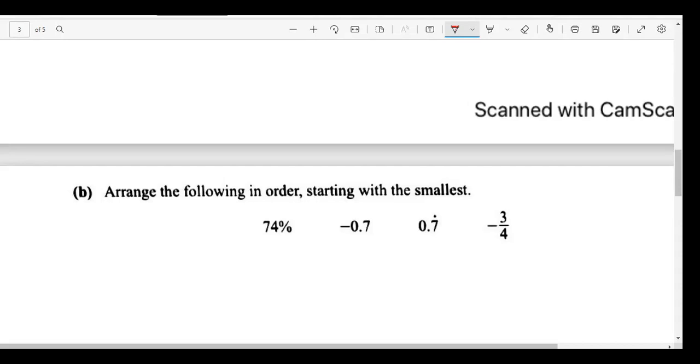I know typing would take time. So what you can do is I'll just number them 1, 2, 3, 4. Just answer me this way.